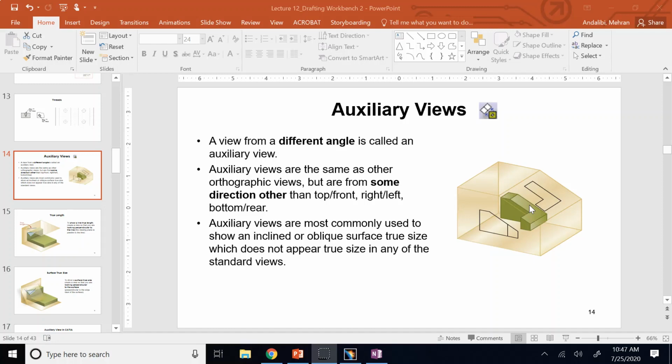Then if you really want to see the actual size of a plane type 2 or 3, you are going to project it on a projection plane that is parallel to the surface, but not one of the major front, top, or right. So for this object, in addition to the front, top, and right, I also will project it in a perpendicular manner to this plane, which is parallel to the surface. And when I do that, of course, I would get the actual size.